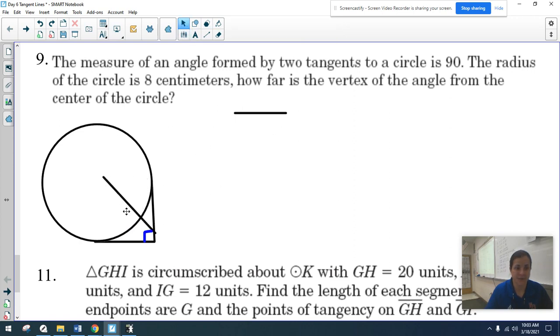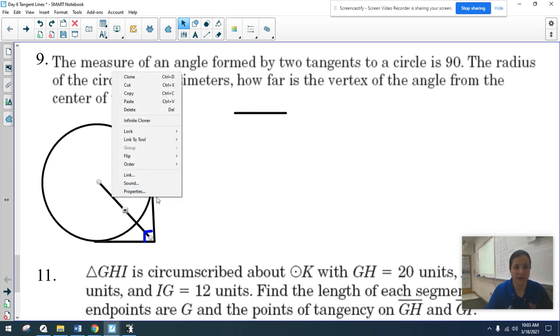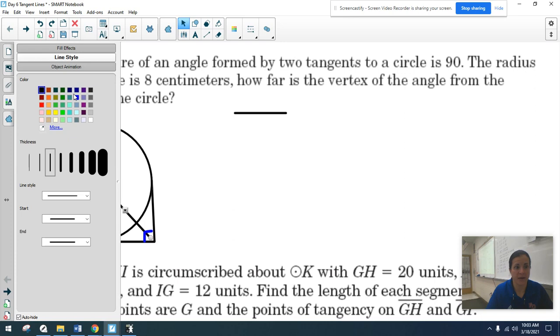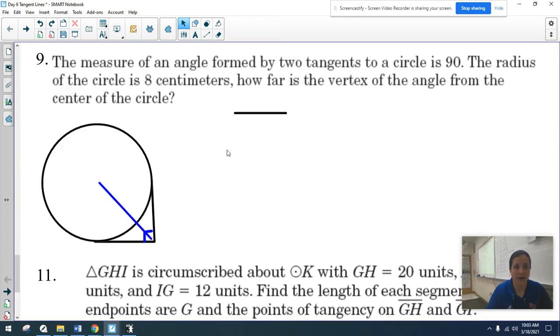So if I do this radius right here, that whole thing is 8. So I'm going to make it a different color just so that we remember that. Okay, so that blue part right there is going to be 8. I'll underline it so we don't forget. How far is the vertex of the angle from the center of the circle?